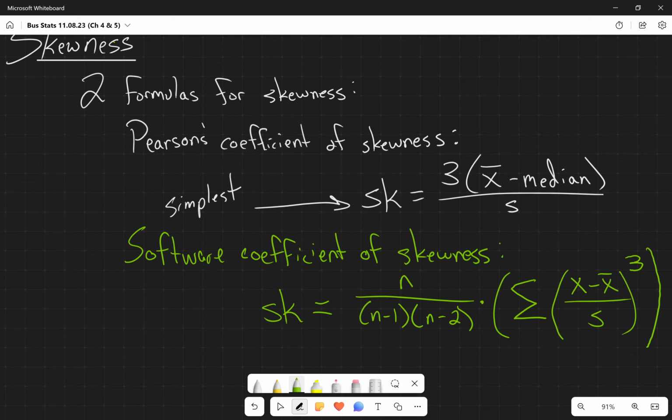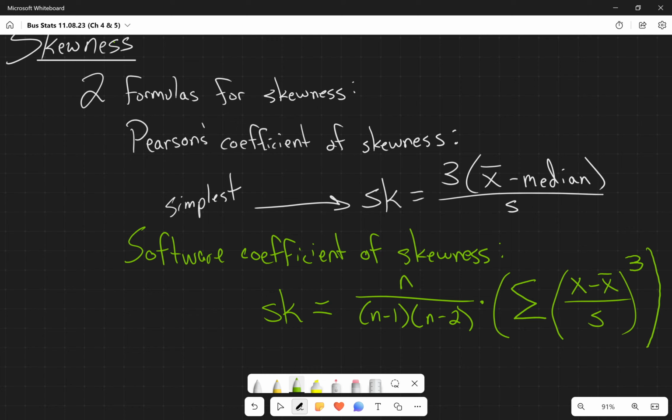The textbook has a great walkthrough breaking down every little step of how to calculate this software coefficient of skewness. Since we have homework due tonight on this, instead of walking everybody through it, and 16 people have already completed it, I'm going to look at how everybody did on the problems asking you to calculate that coefficient and see if we need to review it in class.